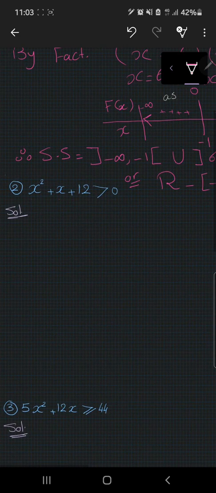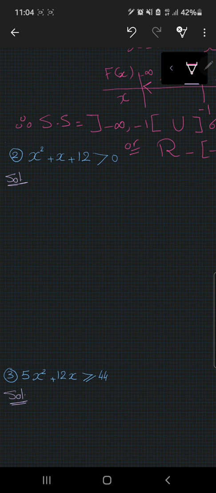Okay, another example. x power 2 plus x plus 12 greater than 0. Also put the function equals 0. So x power 2 plus x plus 12 equals 0. Okay, get the discriminant. a equals 1, b equals 1, and c equals 12.